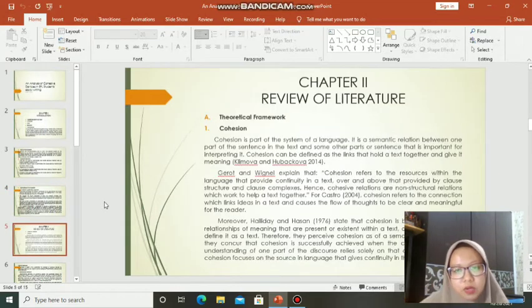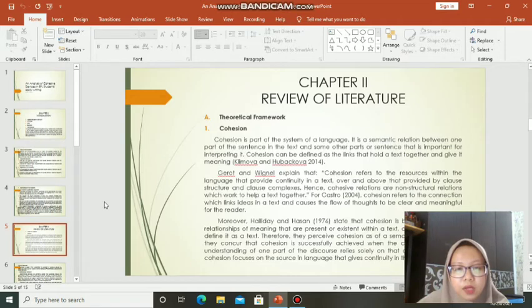So this is Chapter 2, review of literature, the theoretical framework. Cohesion is part of the system of a language. It is a semantic relation between one part of a sentence in the text and some other parts or sentences that is important for interpreting it. Cohesion can be defined as the links that hold a text together and give it meaning.